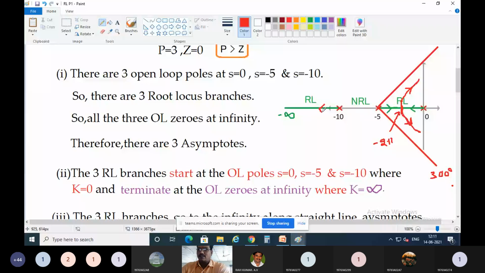There is no problem with this branch. The problem is with these two branches: the breakaway point calculation, and where they intersect the imaginary axis. That is what we are going to find out.